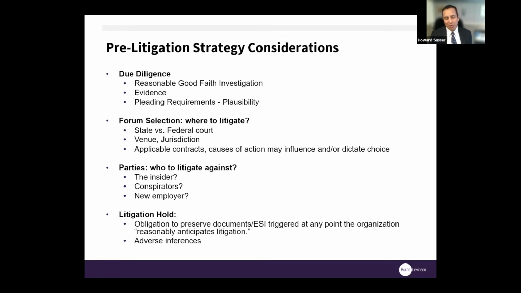You have to decide which parties to litigate against. Again, we talked about having an insider employee, but in most cases we see there's some level of cooperation with the new employer. They're certainly hiring away somebody they know is a competitor's employee.